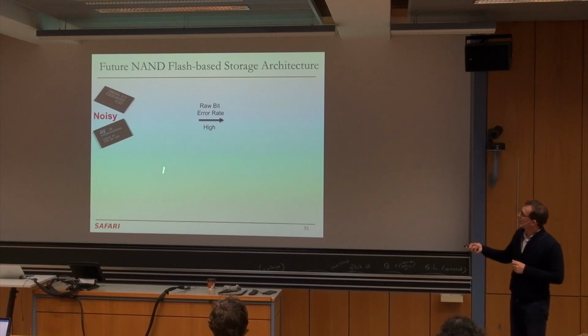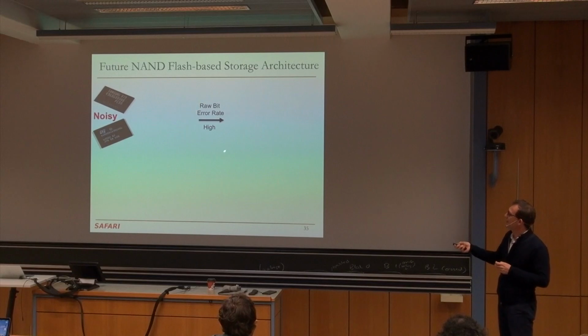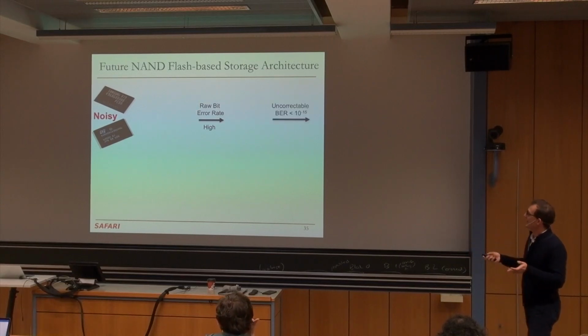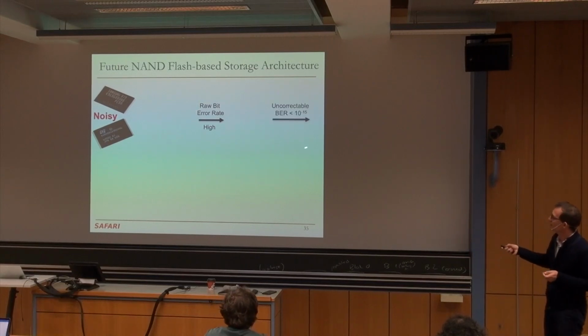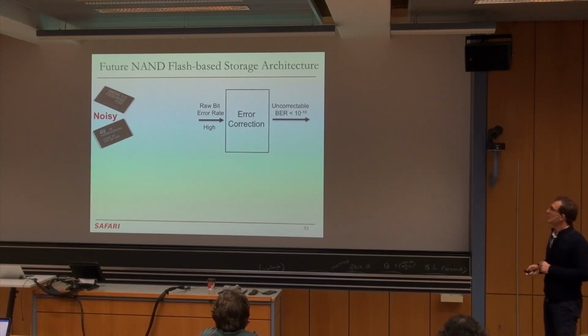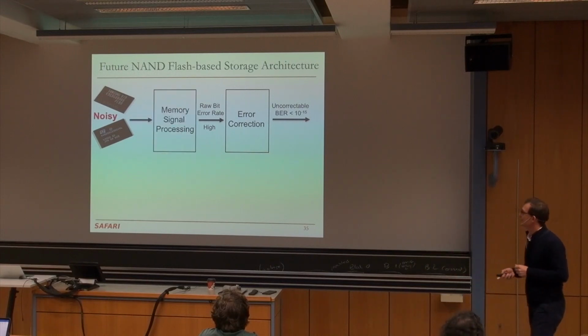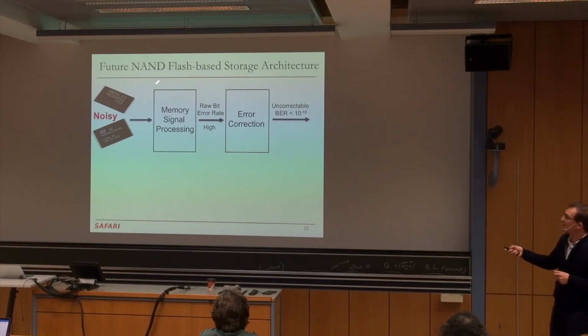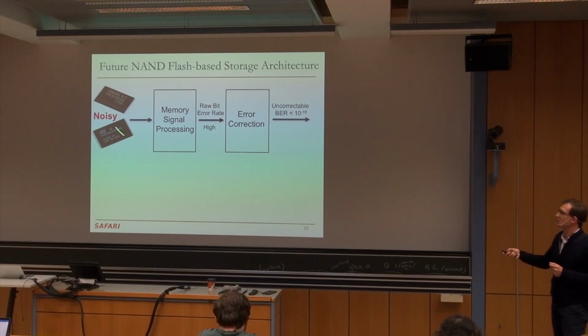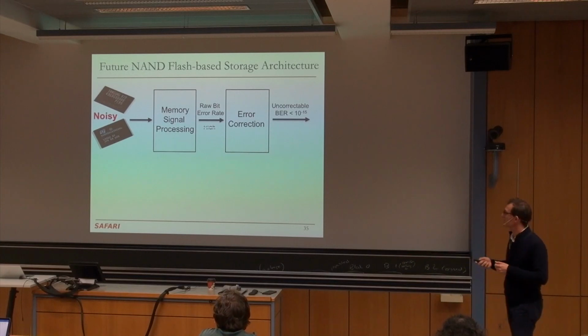Okay, so basically, if you look at flash, you have some noisiness, and you get a raw bit error rate that's usually high, and you want to do something to it such that your uncorrectable bit error rate is less than some requirement. So you clearly need to apply some error correction mechanisms, and you need to be intelligent about them. And maybe you need to apply something else such that you reduce the raw bit error rate that you get over here. I'm going to call that signal processing, because a lot of these things will look like signals.